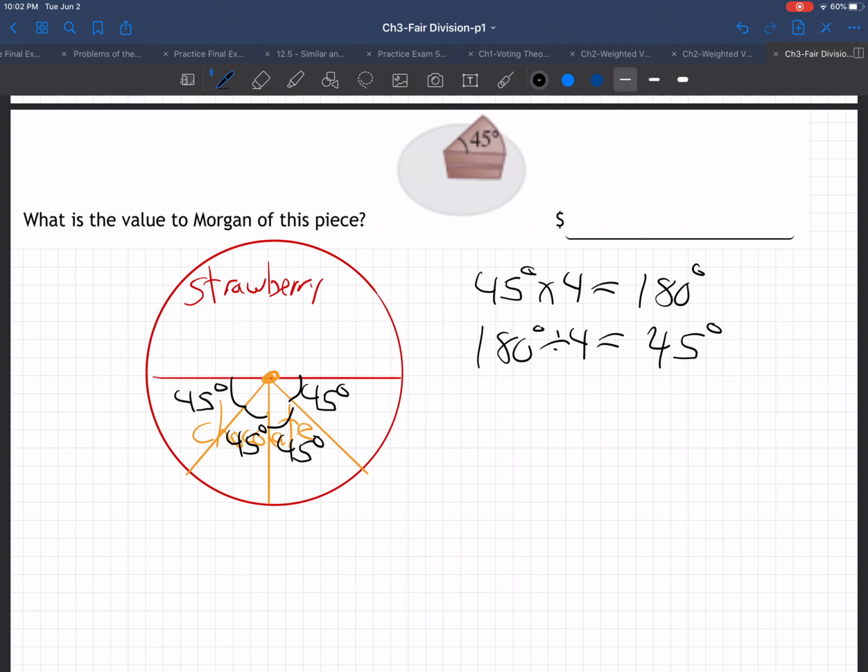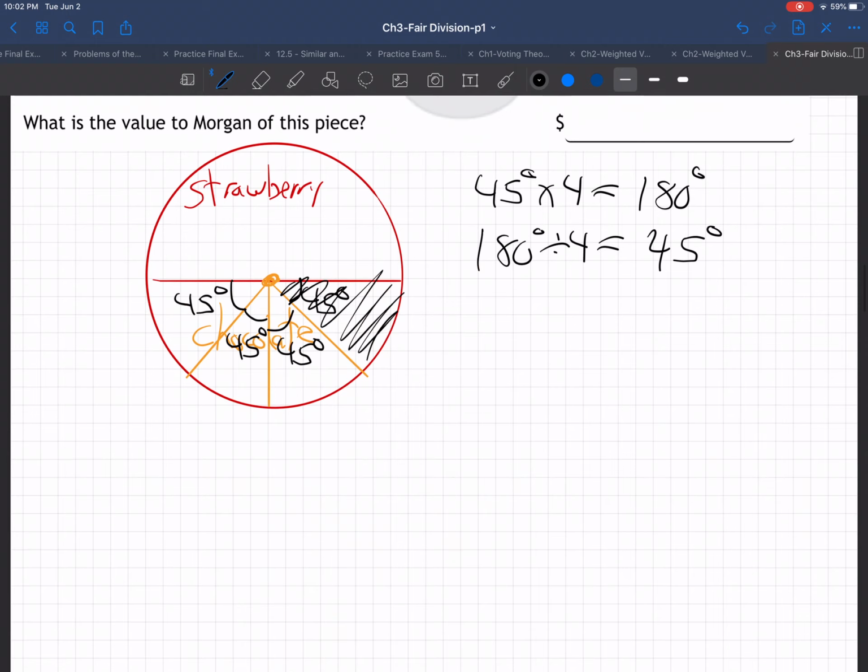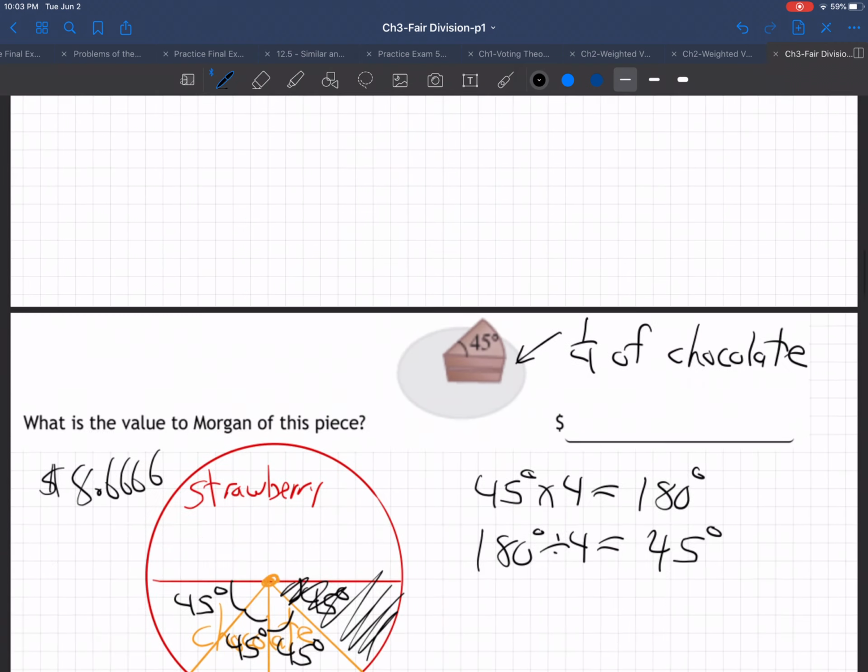So what? Well, that means this right here is 1/4 of the chocolate half, isn't it? 45 degrees. This right here, for example, is 1/4 of this chocolate half. And what are the strawberry and chocolate halves worth? This strawberry half was worth 8 with 6s forever. The chocolate half was worth 17 with 3s forever.